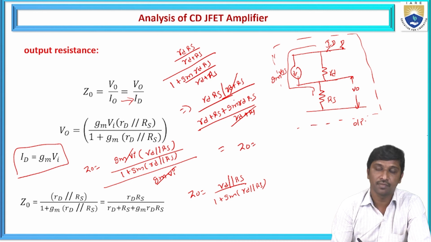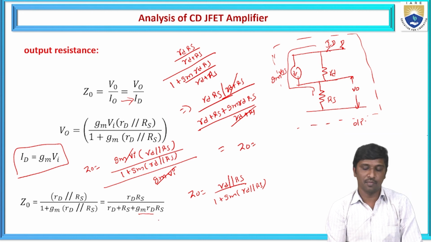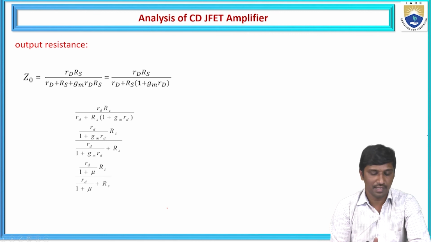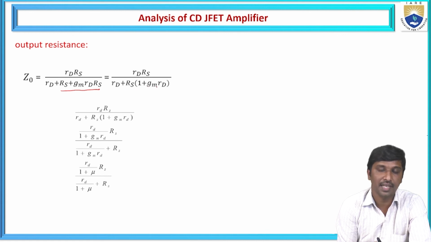Now Z0 becomes RD into RS by RD plus RS plus gm into RD into RS. We can also write that gm into RD is nothing but the amplification factor mu. So from these two terms, RS is common, hence if I take RS common, it becomes 1 plus gm times RD.